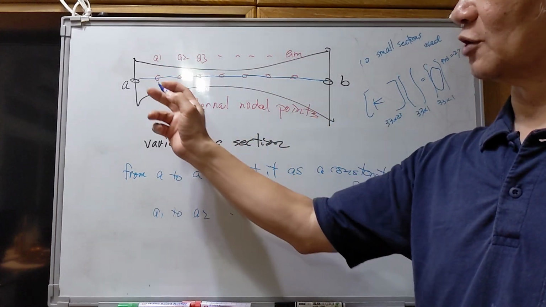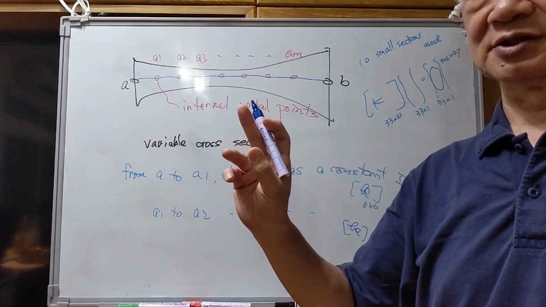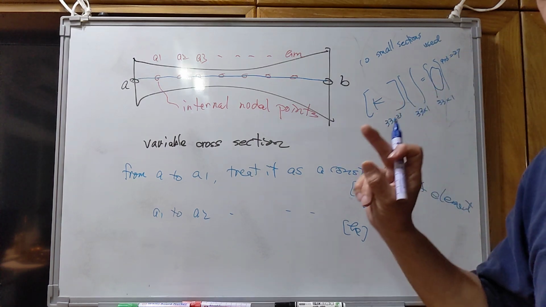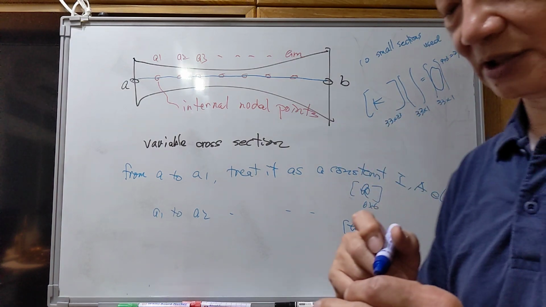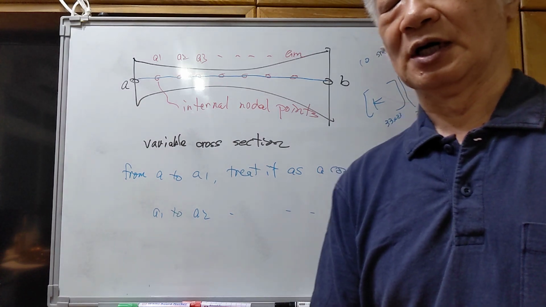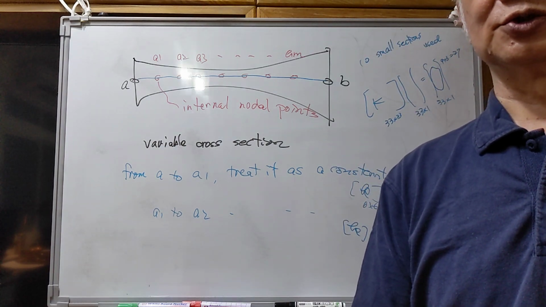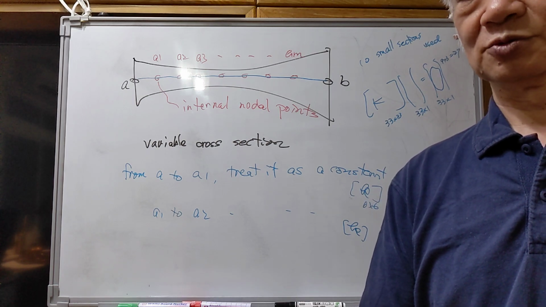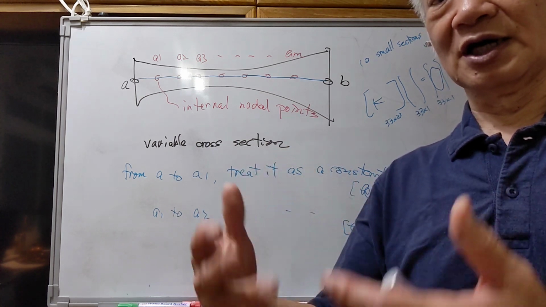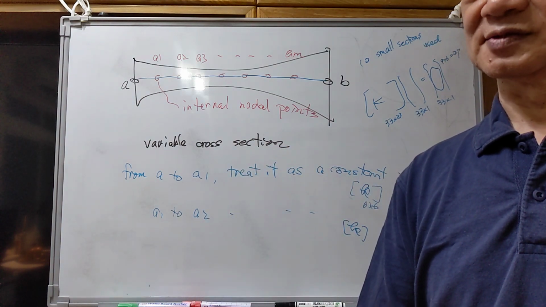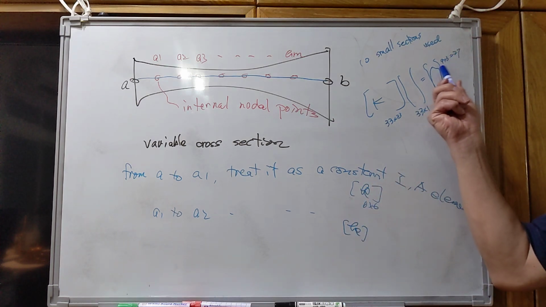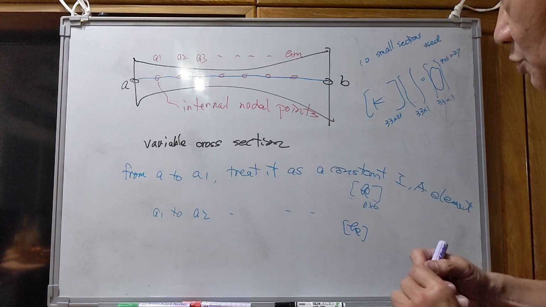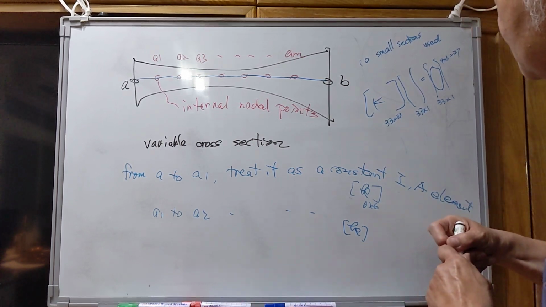For these 27 degrees of freedom, we know the applied loadings are equal to zeros, so they are the static conditions. So right now we will use the static condensations to condense out the 27 degrees of freedom.